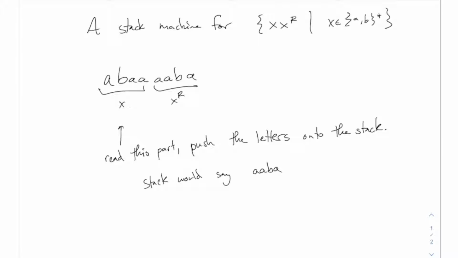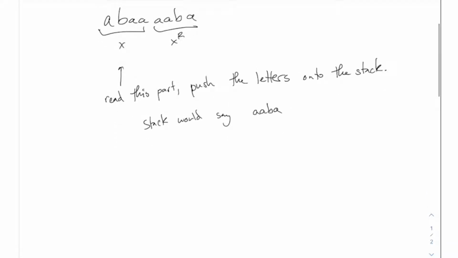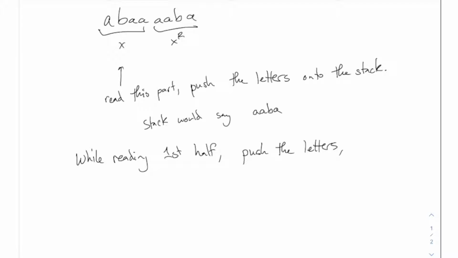So the idea is, while reading the first half, you push exactly the letters that you see there. While reading the first half, push the letters. And then, while you're reading the second half, pop them, right? That's the idea.